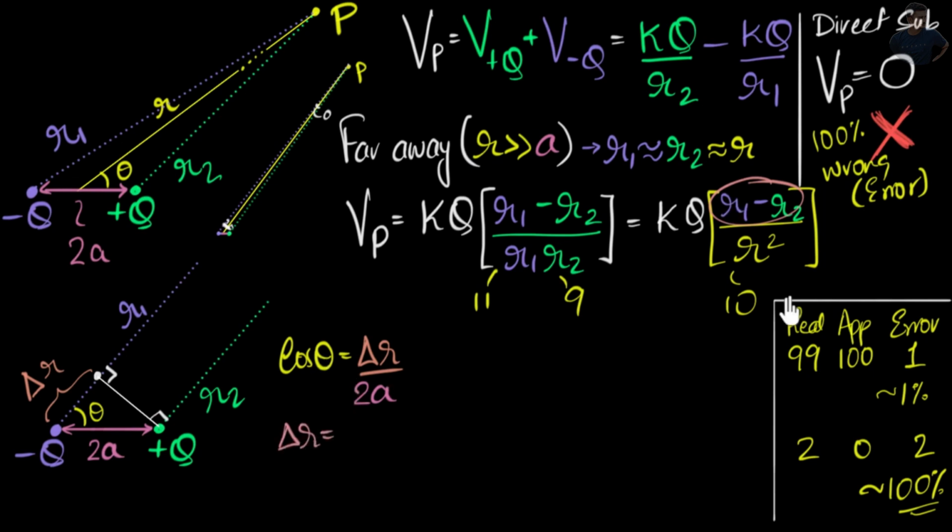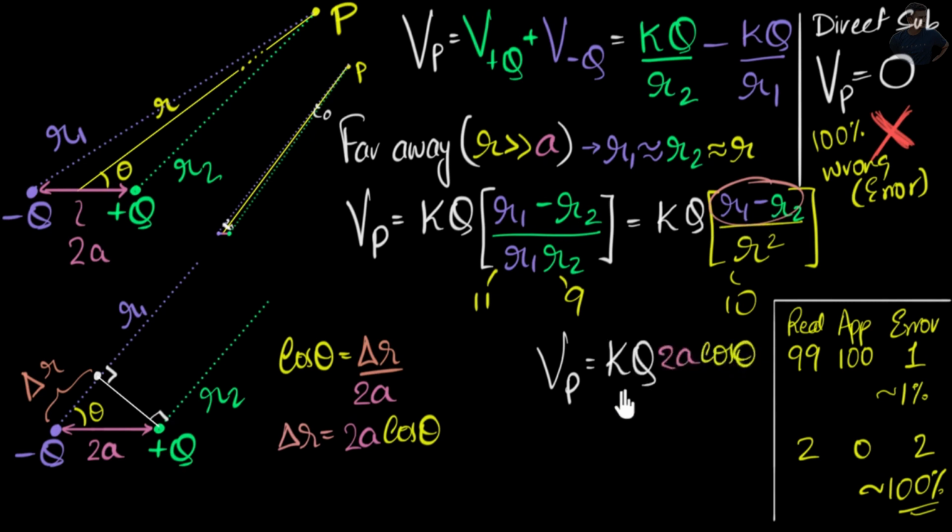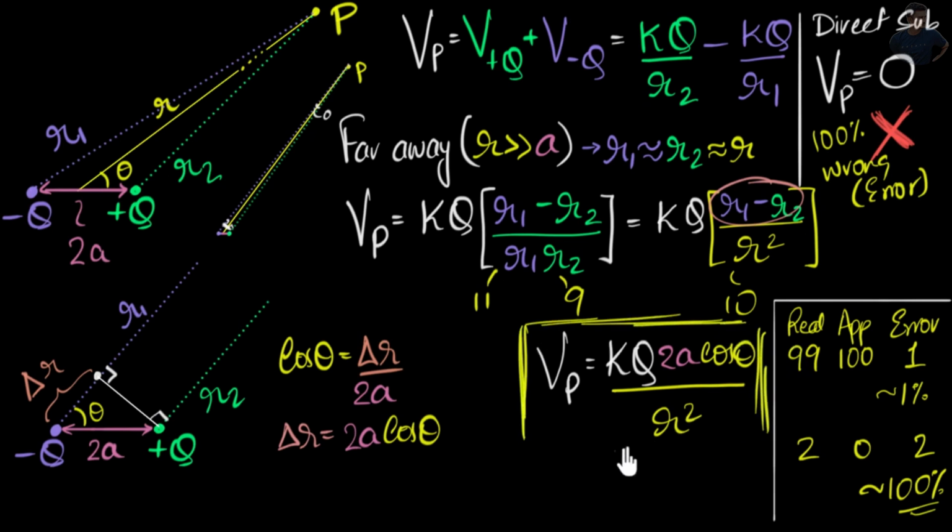Delta R equals 2A cos theta. And so if I substitute that, I now have my final equation. So VP is going to be KQ into 2A cos theta divided by R square. And that is our expression for the electric potential due to a dipole.